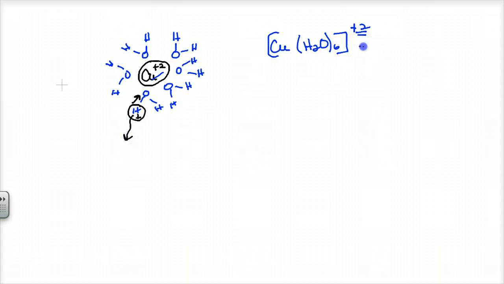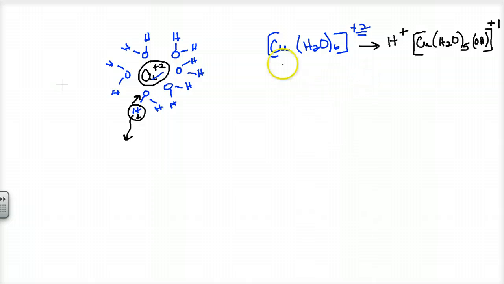And this thing can give off a proton and become Cu(H2O)5(OH), now plus 1. Now the whole thing becomes plus 1 because of the hydroxide we just produced. But that acts as a Lewis acid. Now, it does so because it's able to what?